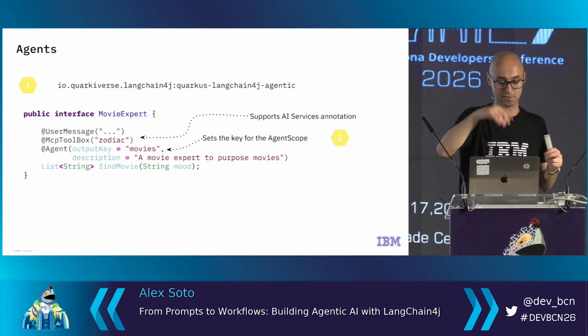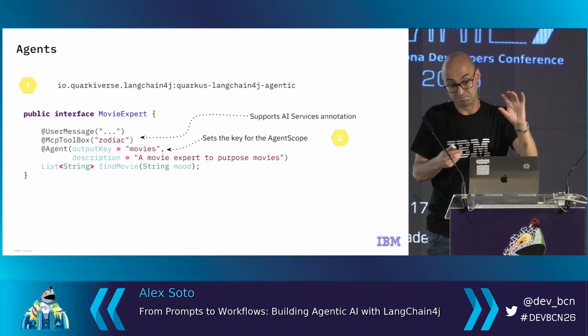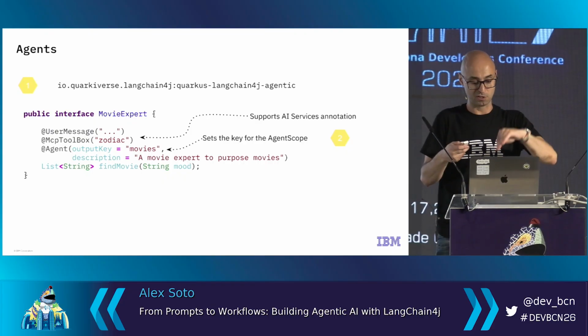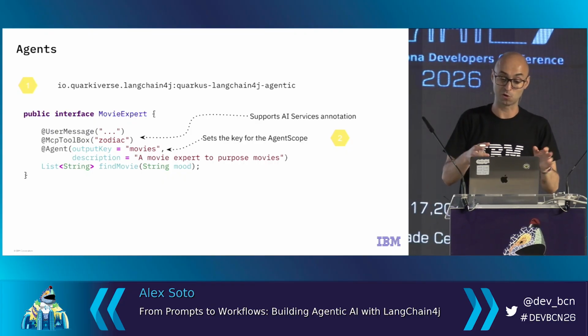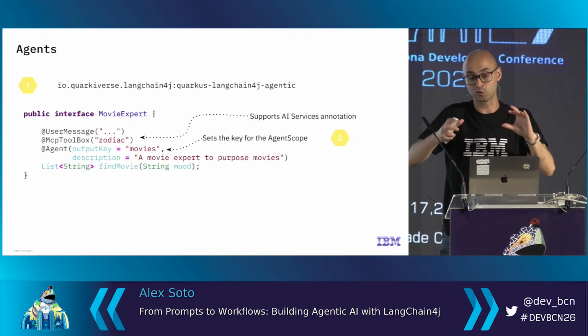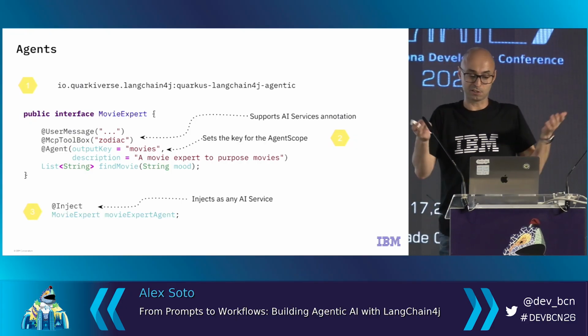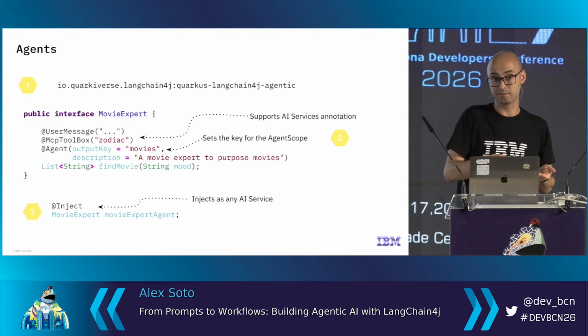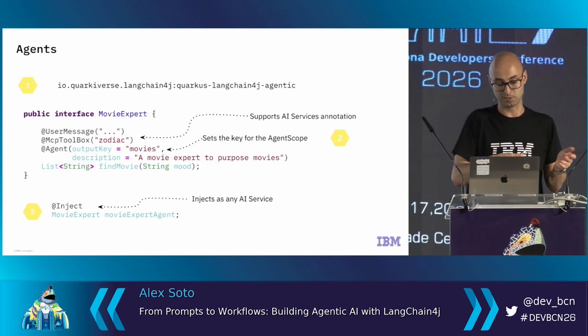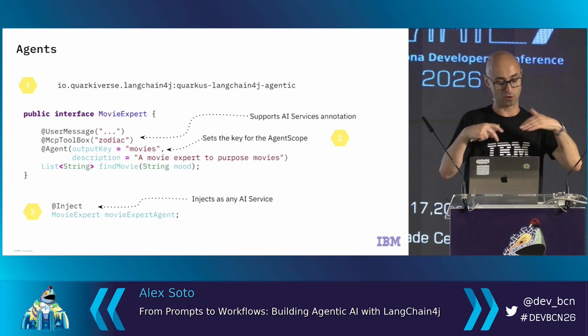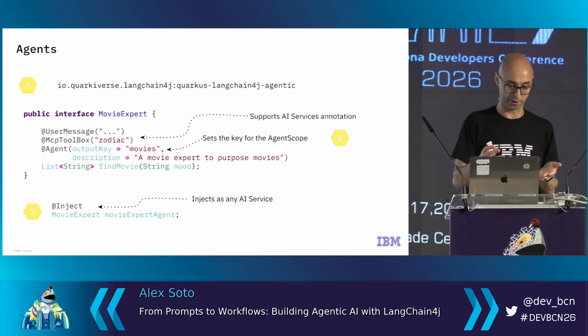So you say here, okay, this is movies, and then there is a method that says find movie, this is the mood, I use the user message and so on. So this is an agent that I'm going to use for finding a movie. Now, this is just an interface that I can inject again, as I did with the AI service. Movie expert agent, I can call find movie, and it will work.